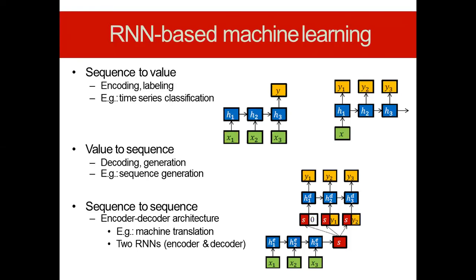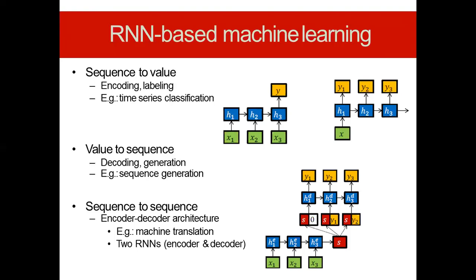The second class is value to sequence. The input is a value and the output is a sequence. With this model, we can generate a sequence. For example, image captioning: given the image, we can generate the caption of the image, which is a sequence of words.